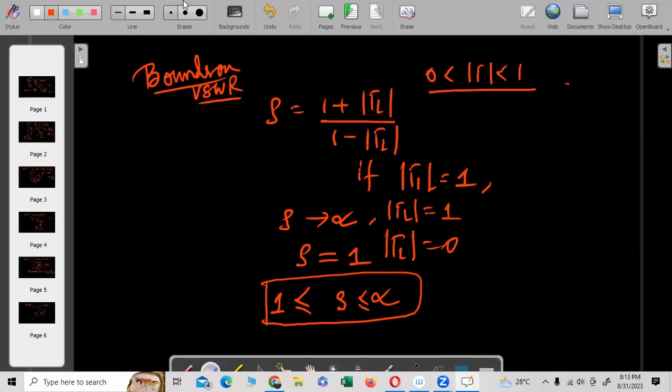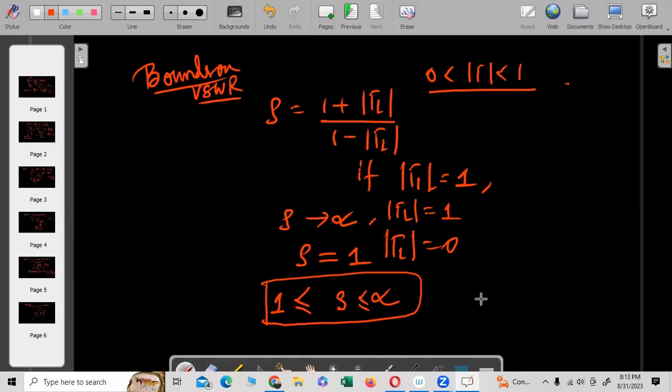Between 1 to infinity. Now, which one is good and which one is bad? That also we need to know. As we are going for higher and higher value of rho, what is the meaning? The meaning is reflection value will increase.